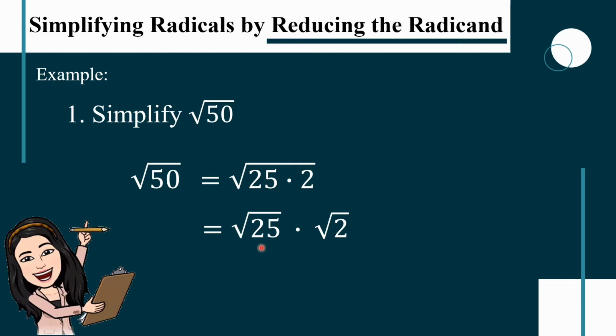Ang square root of 25 is equal to 5. Tama ba? And then, what happened to square root of 2? Kinopya lamang po. So, the answer is 5 square root of 2. So, therefore, square root of 50 is equal to 5 square root of 2.